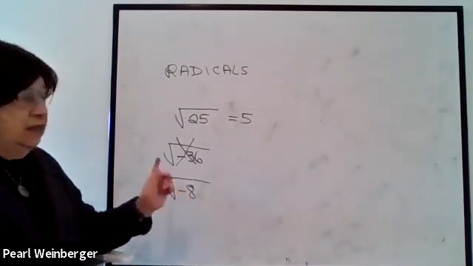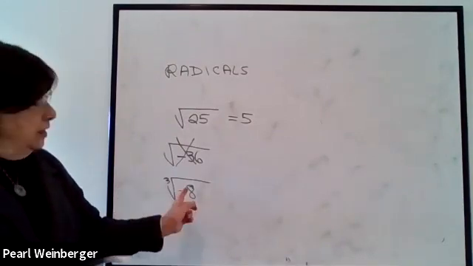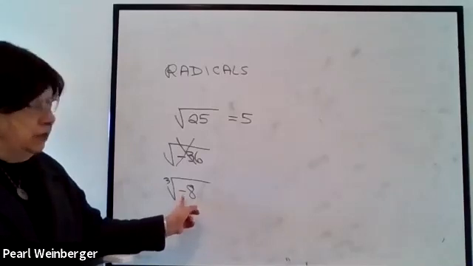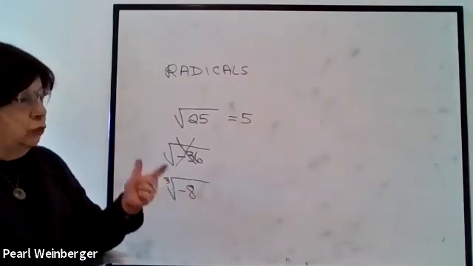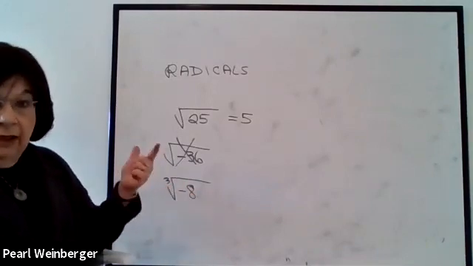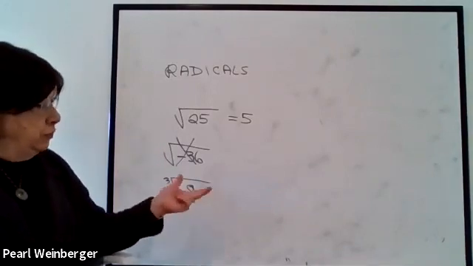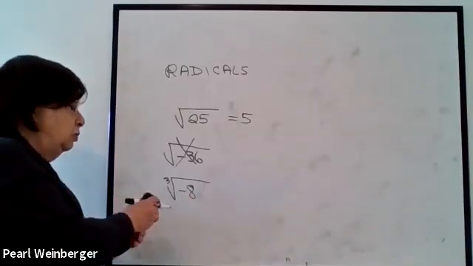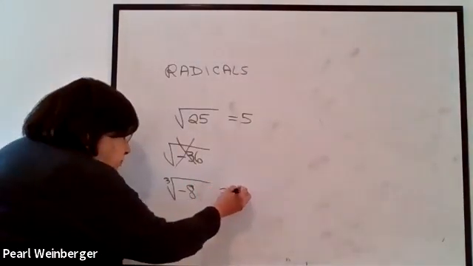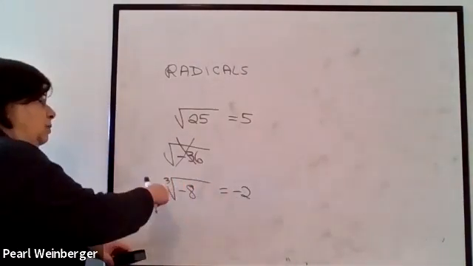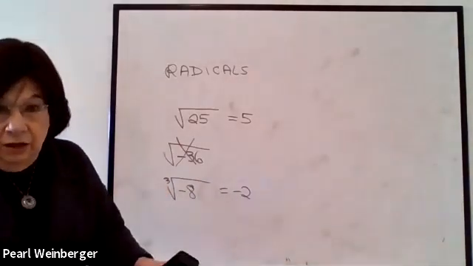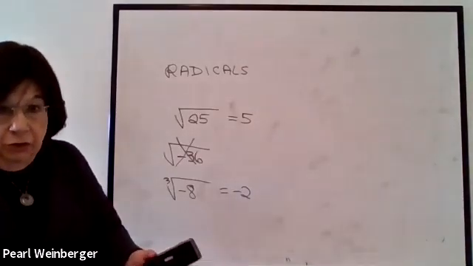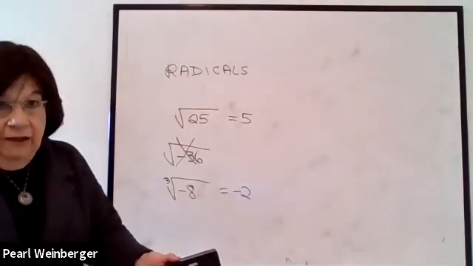Now, when the index is an odd number, then it's possible to have a negative inside the radical, because -2 times -2 is +4, and +4 times -2 gives you -8. So it is possible to have negatives in roots where the index is an odd number, like this cube root or the third root or the fifth root.